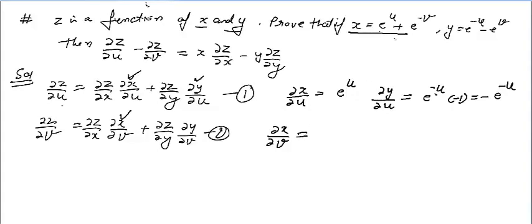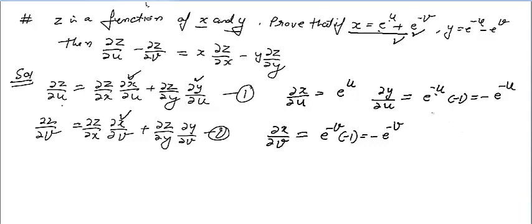The derivative of e raised to power u will be 0, because we are finding the derivative with respect to v, so u will be constant. The derivative of e raised to power v will be e raised to power v as it is. The derivative of minus v is again minus 1. So you will get minus e raised to power minus v.